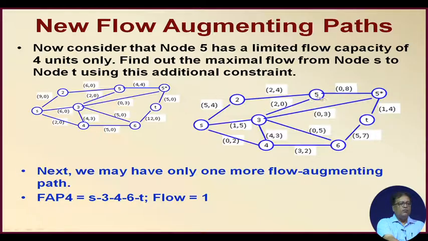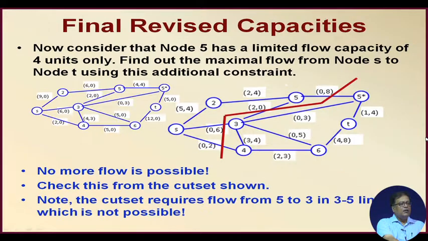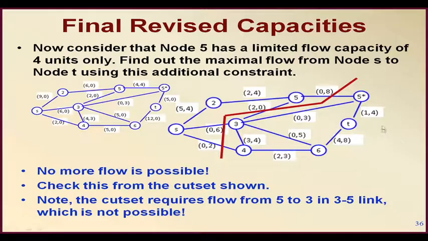You can see this is the cut set that gets exhausted, and no more flow is possible, because 5 to 3 is 0, this is 0 and this is 0.